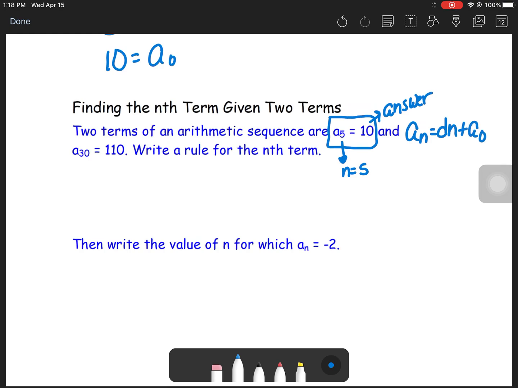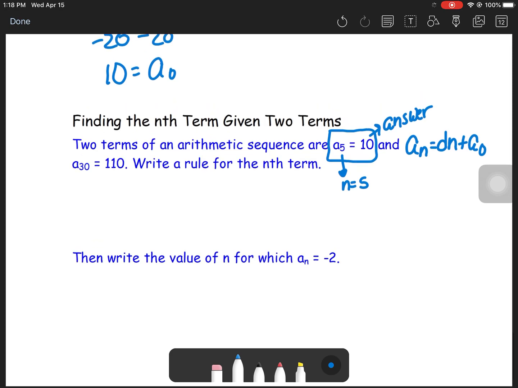So our answer is 10. And we don't know the difference right now, but we do know that n is 5, and we don't know our 0 term. So what we're going to do is we're going to solve for a sub 0.